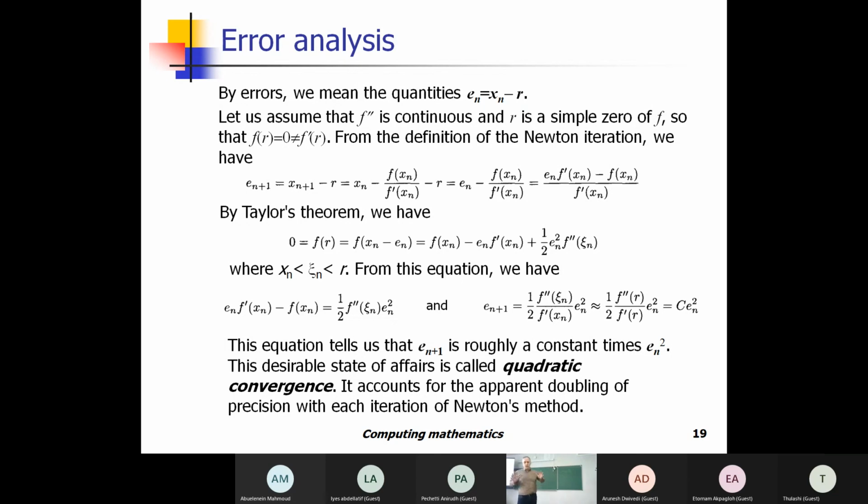Well, we considered two methods for solving nonlinear equations: the bisection method and Newton's method. Next week we will have one lesson.